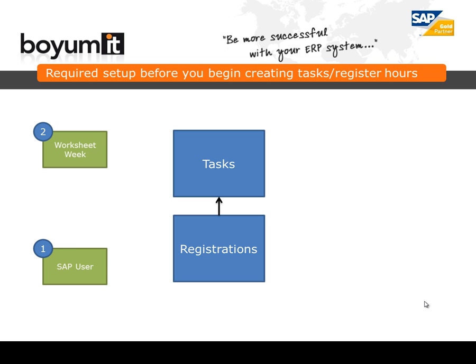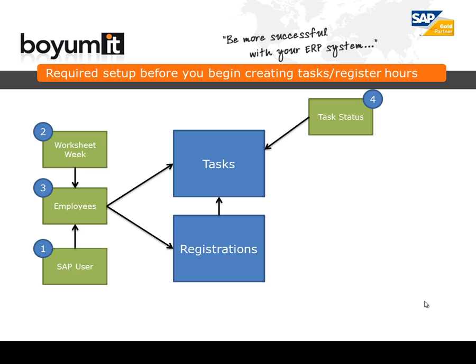This is just the amount of hours they have on each day, and we'll look into that later on in Business 1. Then we need to create our employees in SAP and link them up to the worksheet week and the user, and essentially after that we can use them in the task and the registrations.